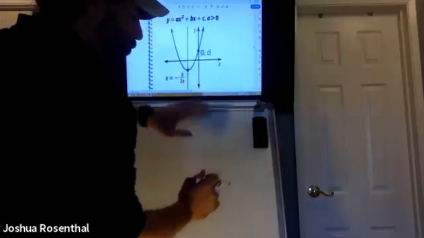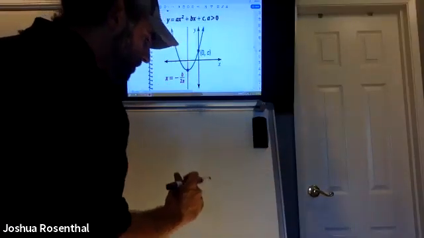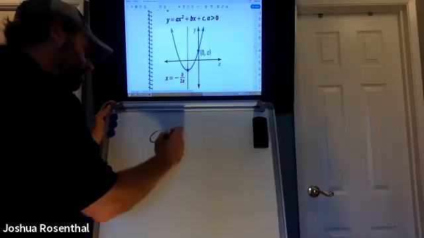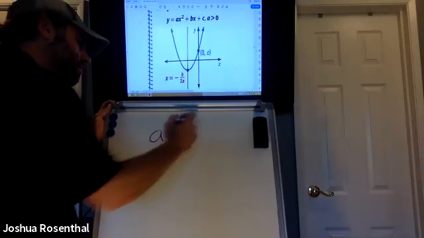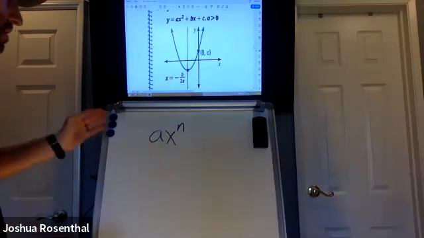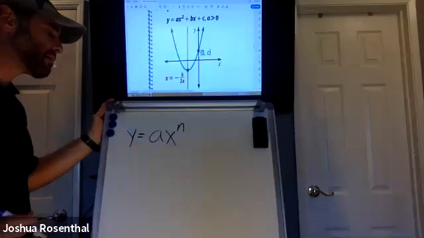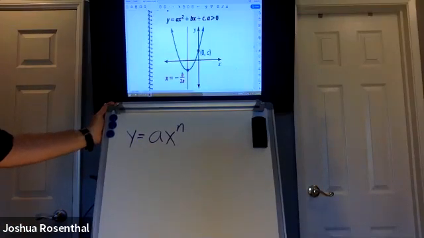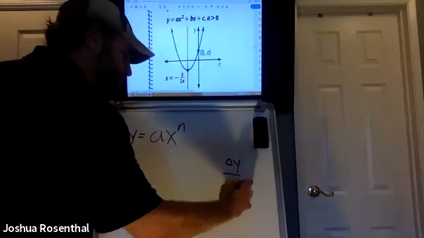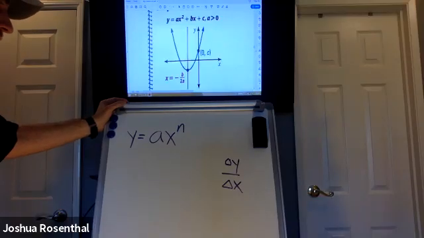So there is a proof, this is called the exponent rule for derivatives, is that when you have a situation with a variable, let's say like that. What is the derivative? It's the slope. What is slope? Change in y over change in x, right?